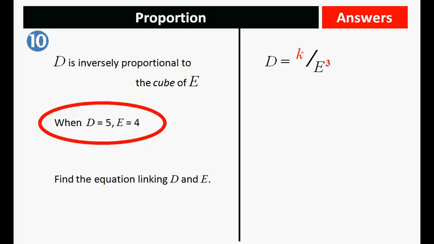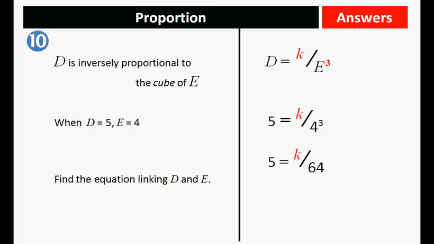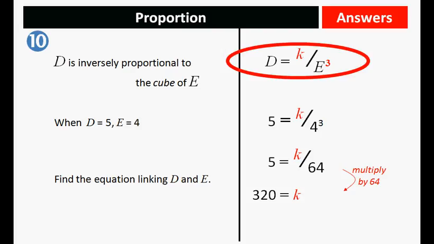So 5 equals something divided by 4 cubed. 5 equals something divided by 64. 4 cubed is 4 times 4 times 4, which is 64. Multiply both sides by 64 to find out that the missing value K is 320. So the relationship between D and E is that D equals 320 divided by E cubed.